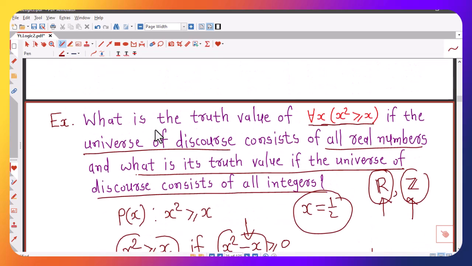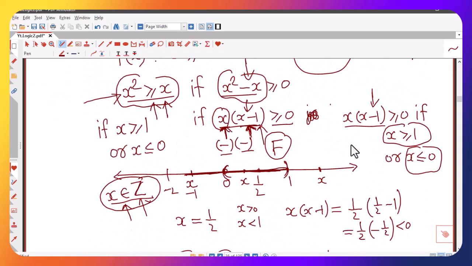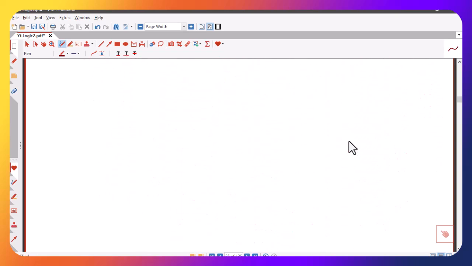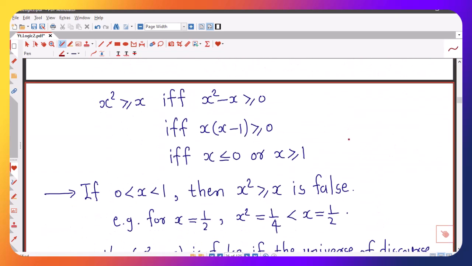Therefore if we consider universe of discourse as the set of integers, then this has truth value true. And if we consider domain as set of real numbers, then this has truth value false, because it is not true for x equal to 1 by 2. So these things we have to write systematically. Here I have written.